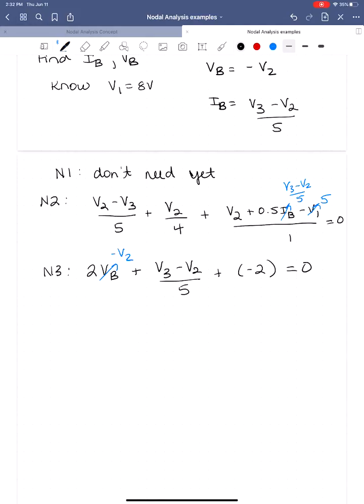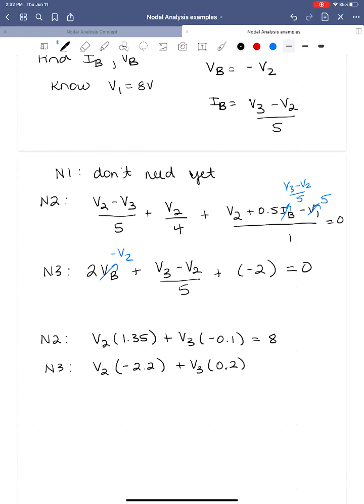When we do that, node 2 will simplify to V2 times 1.35 plus V3 times minus 0.1 is equal to 8. And then node 3 will simplify to V2 times minus 2.2 plus V3 times 0.2 is equal to 2.